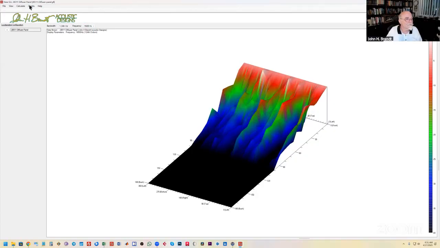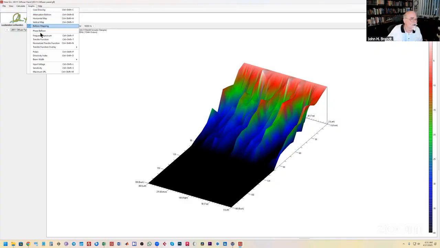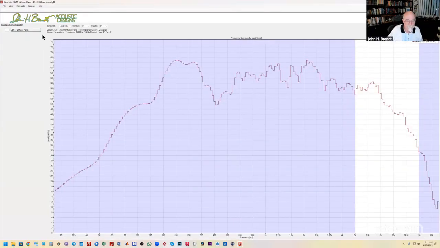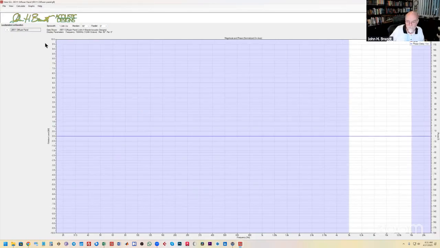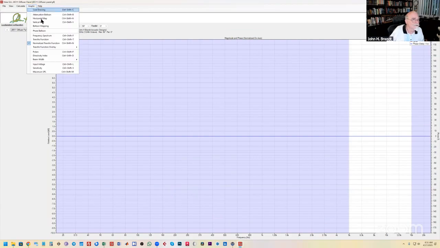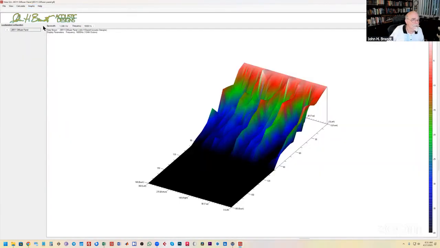Interesting. Frequency spectrum. Very interesting. See if we're going at 60 degrees off. What's that? No, it's not showing. Never mind. I just wanted to see the normalized transfer function. Balloon mapping.